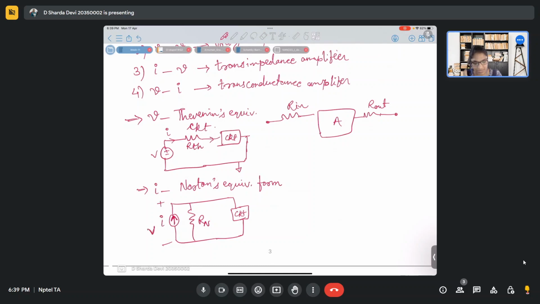That same voltage appears across your R Norton resistance as well as your circuit. Your current source provides current, and that current is distributed across the circuit as well as your resistance, but your voltage remains constant.